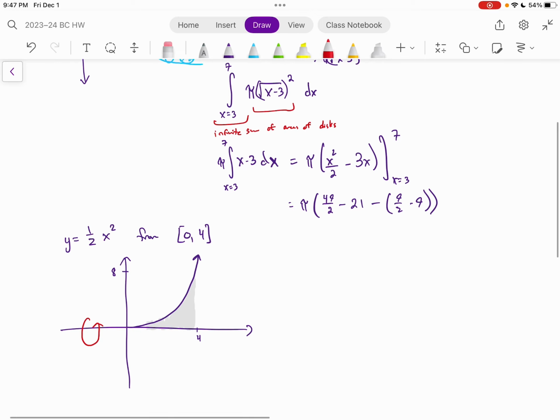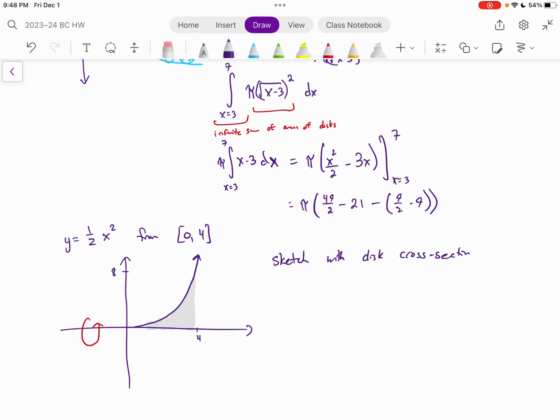I want you to try to sketch it, and think about what that thing will look like when you revolve it around the x-axis. So let's sketch with disk cross sections.